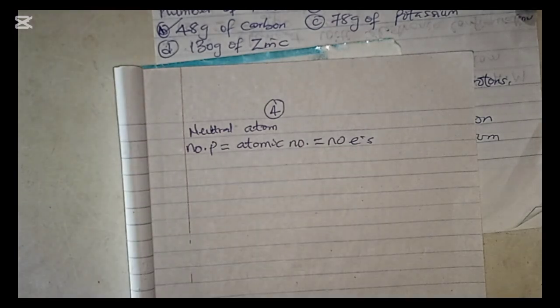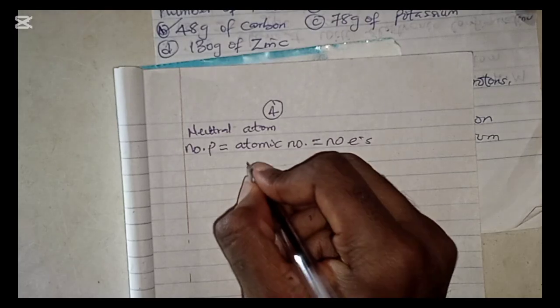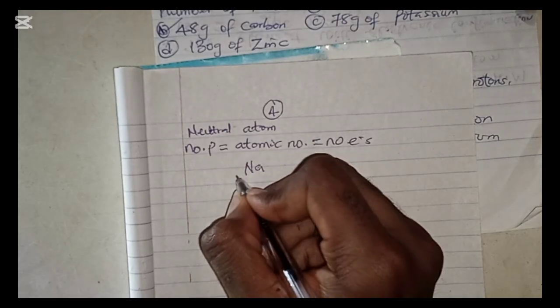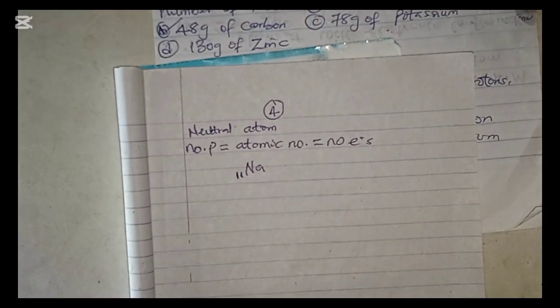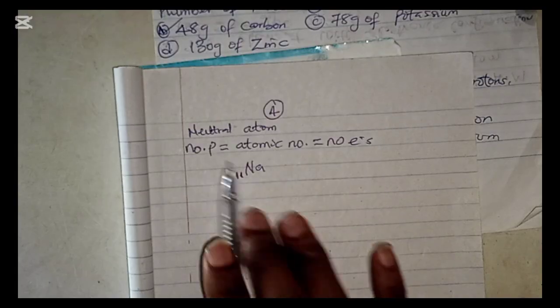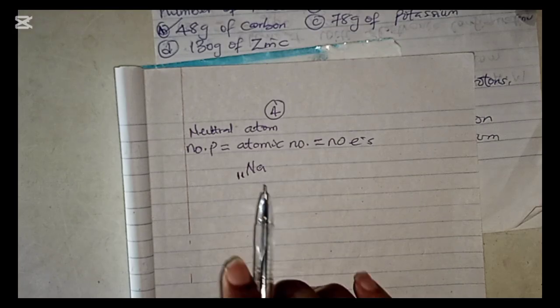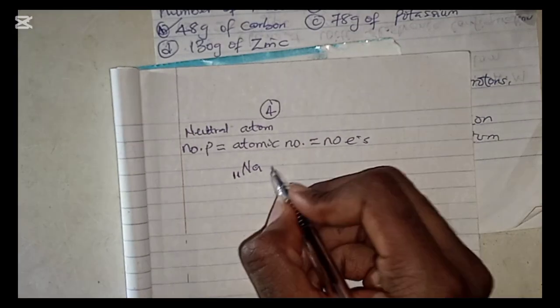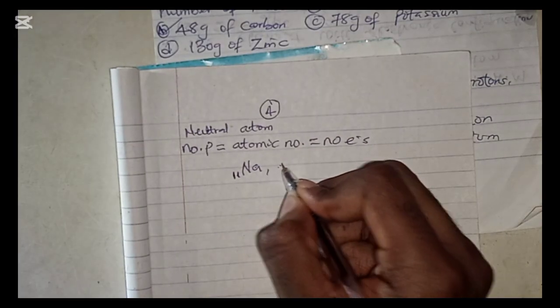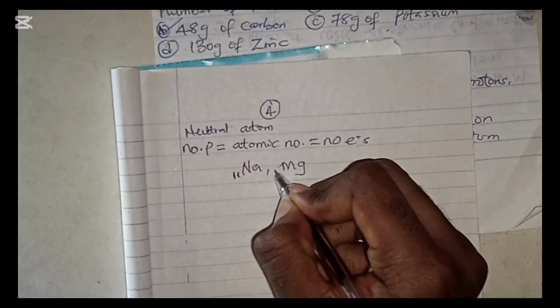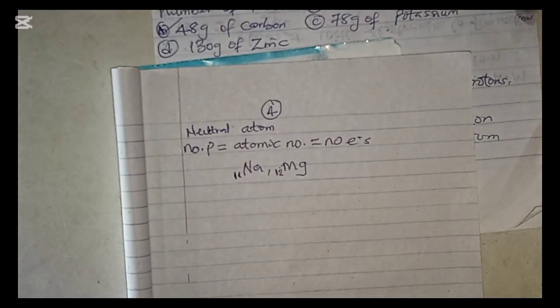For an atom, let me use sodium, for example. Sodium has an atomic number of 11. The atomic number is always equal to the number of protons. If you change the number of protons, you have automatically changed that element. So let's assume I change this number to 12. It automatically means I have a different atom, which is magnesium.